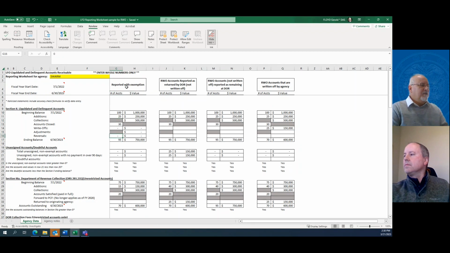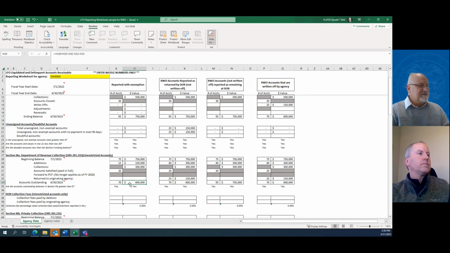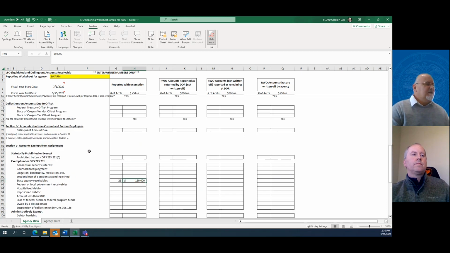In this example, you have an ending balance, 95 accounts for $750,000. Of that, 600,000 is assigned to DOR. That also has exemptions reported of 150,000. In this case, I called it state agency receivables.